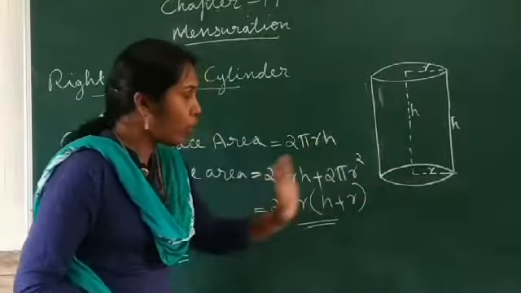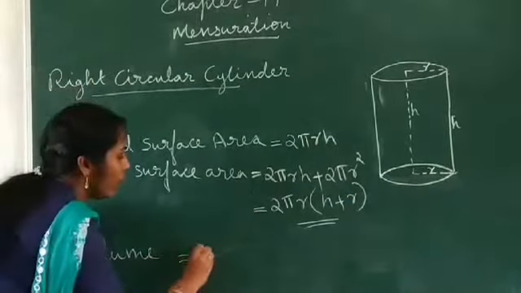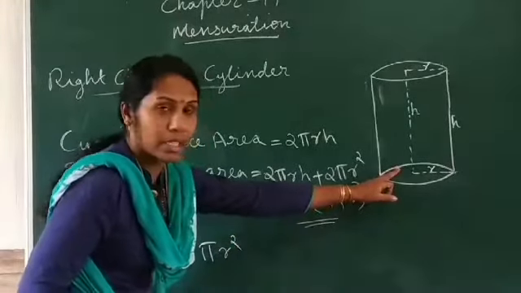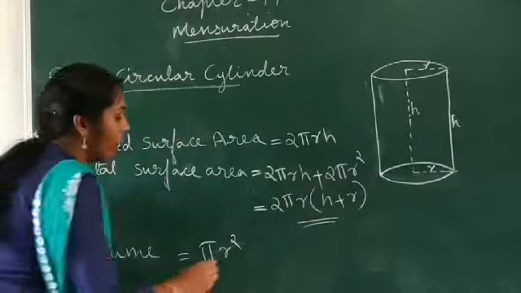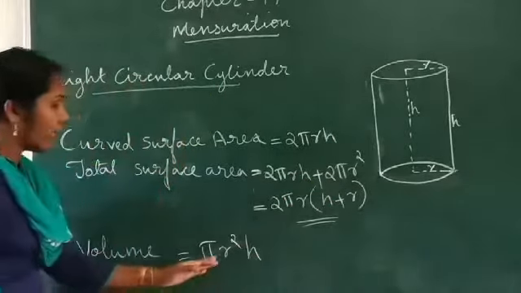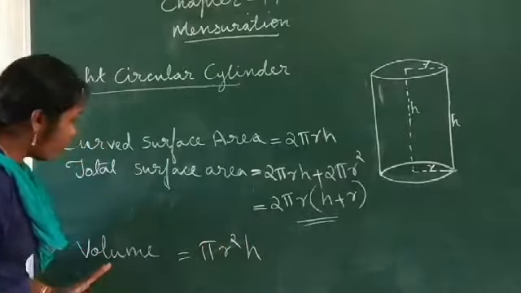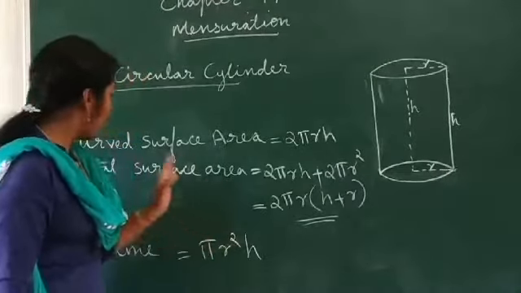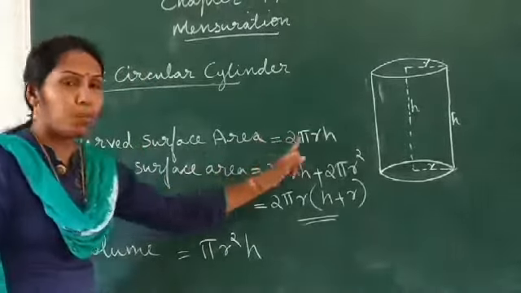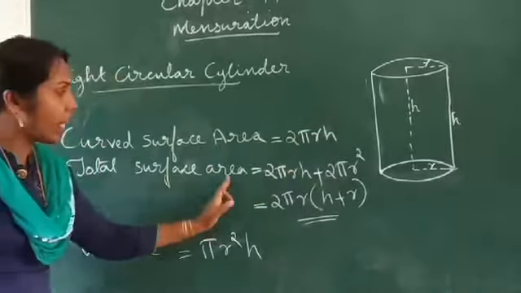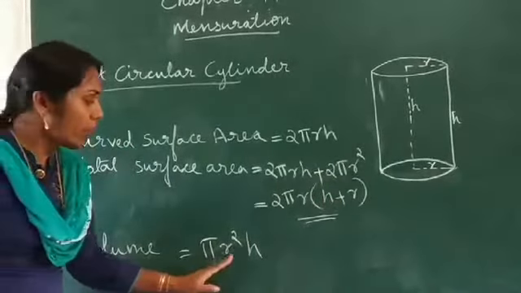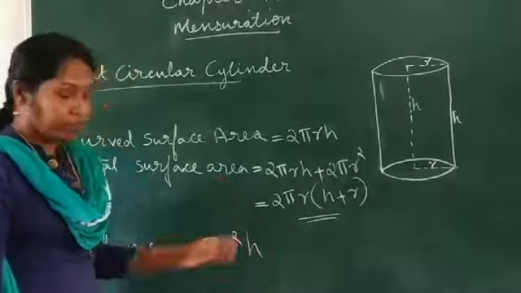Here the area of cross section is pi r square, the area of each uniform circle which is a cross section, into the height, that is pi r square h. Therefore, the volume of a right circular cylinder is pi r square h. So, curved surface area is 2 pi r h, total surface area is 2 pi r into h plus r, and volume is equal to pi r square h.